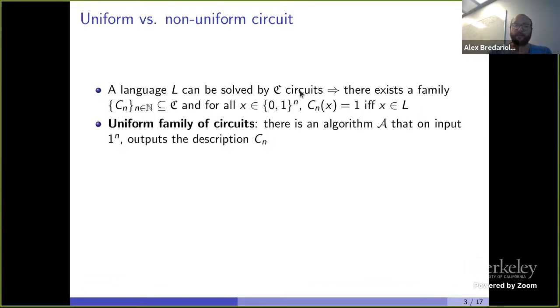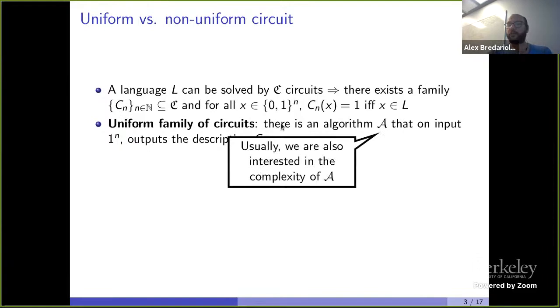We say that this family of circuits is uniform if there exists an algorithm A that receives an input 1 to the n and then outputs the description of Cn. So for uniform circuits, we have an algorithm that connects all of these circuits in this family.